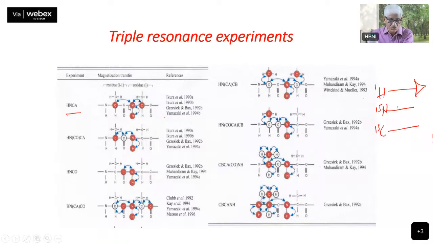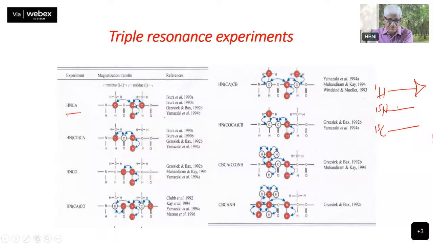Then you transfer the magnetization from nitrogen to these two C alphas, one C alpha here and another C alpha there. After that, you label this. First you transfer from proton to nitrogen, and you label this frequency.